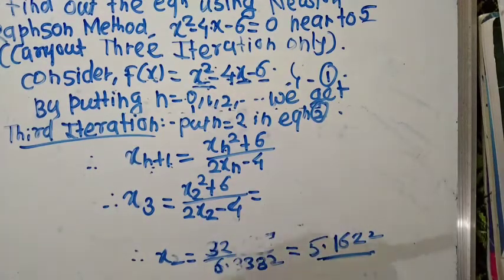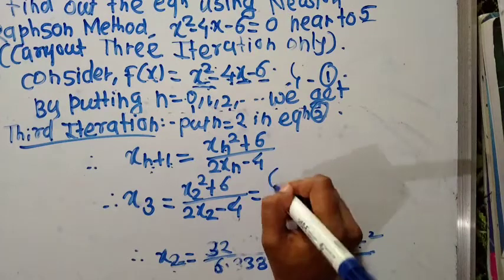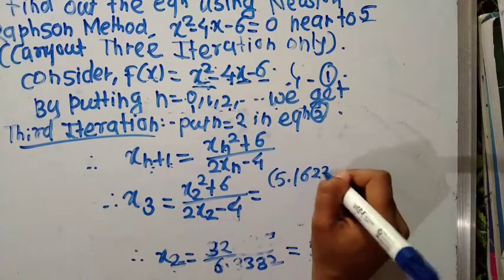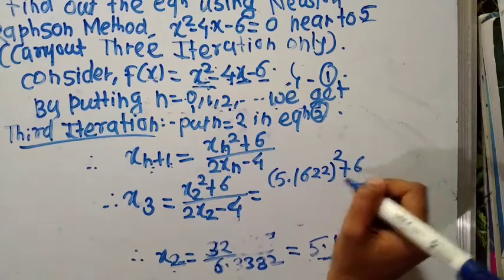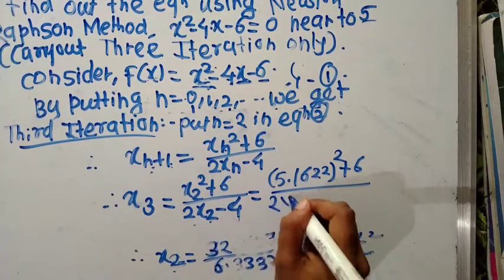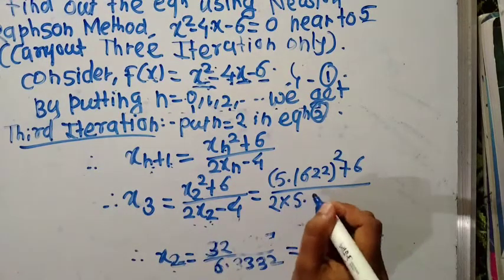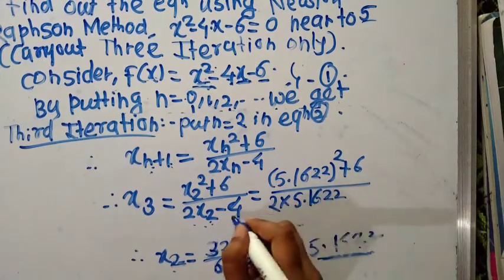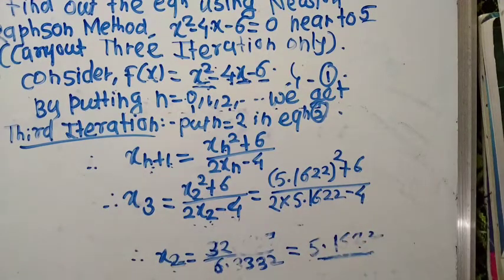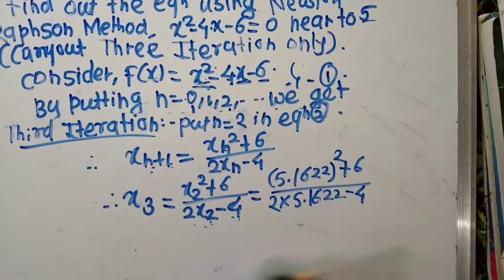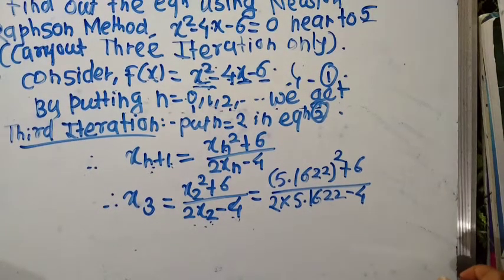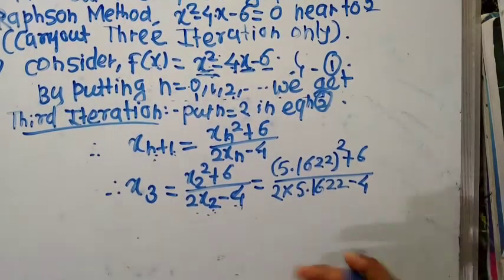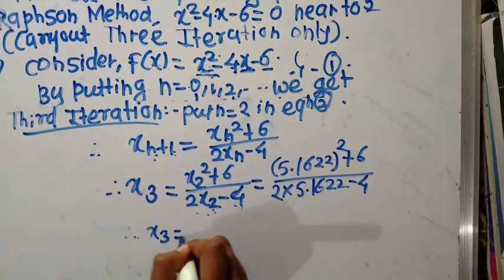Here x2 is equal to 5.1622, so x3 is 5.1622 square plus 6 divided by 2 into 5.1622 minus 4. Find out the value.